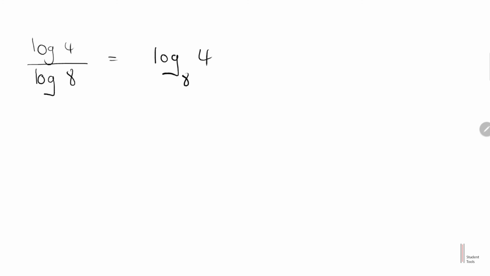So when we have log 4 to the base 8, that means we have base 8 raised to the power something is equal to 4. So what we are looking for is the power that the base 8 is raised at.